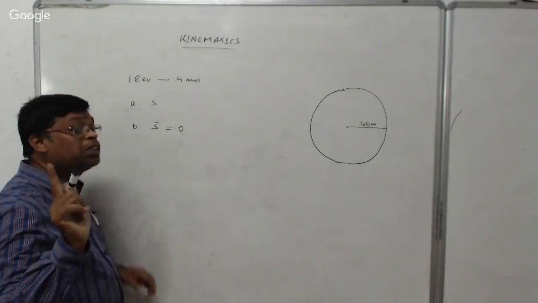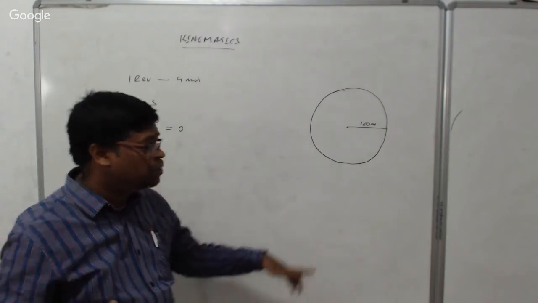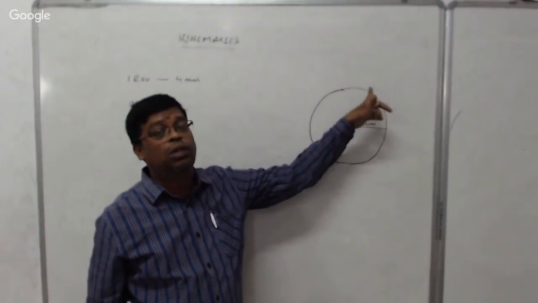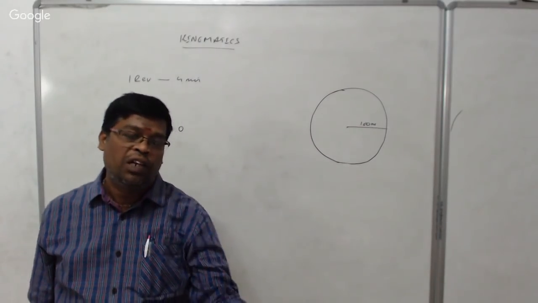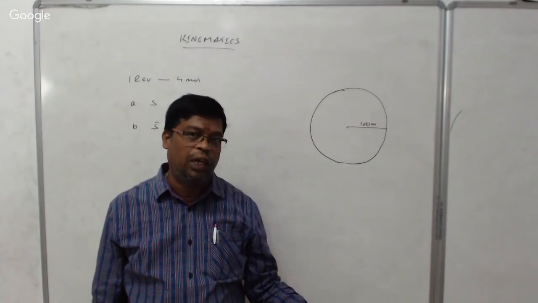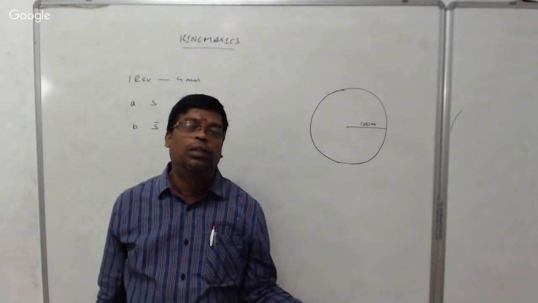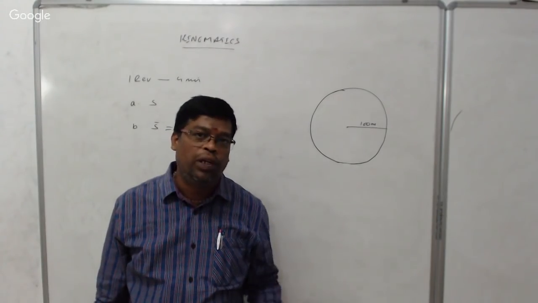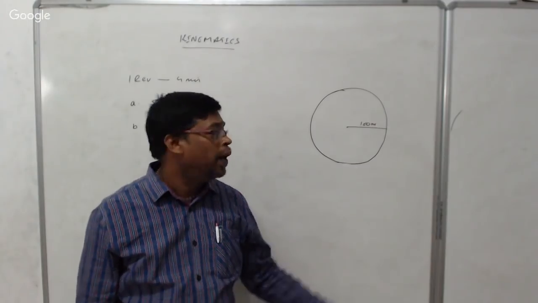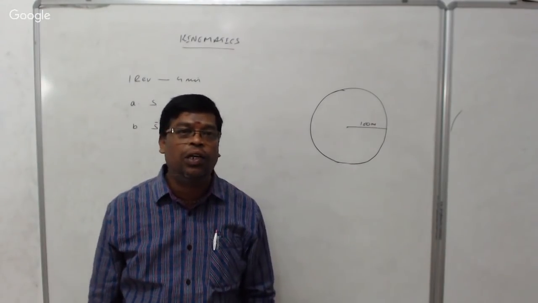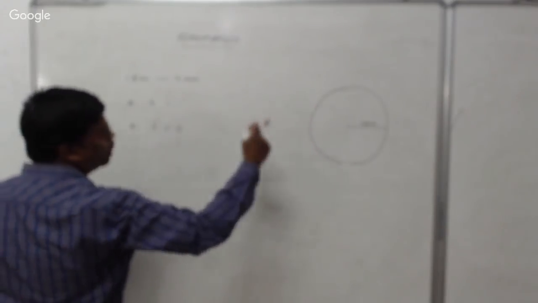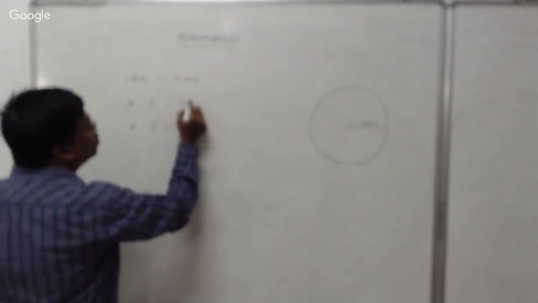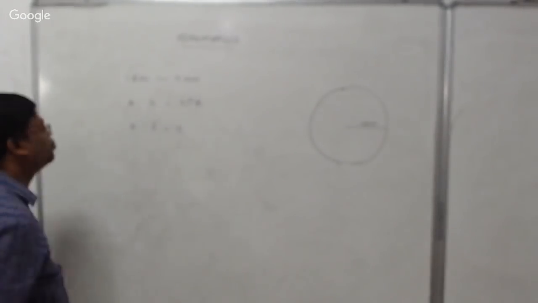The displacement is equal to 0 because the starting point and the ending point of the body are the same. When starting point and ending point are the same, then there is no displacement made by the body. Understood? And what is the distance traveled by the body? The distance traveled by the body is equal to its circumference, which is 2 pi r.